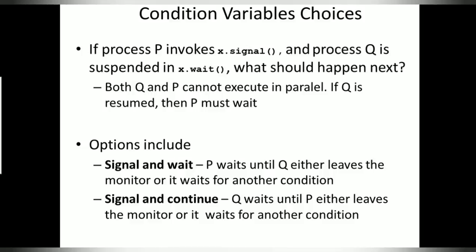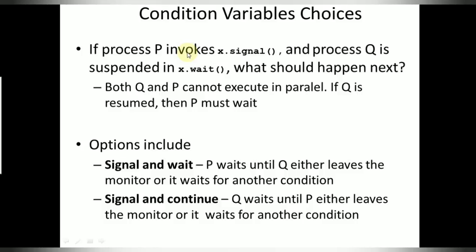Now, what are the things that can happen on the condition variable? If a process P invokes x.signal and process Q is suspended in x.wait, it can happen in either of these two options, that is signal and wait or signal and continue.